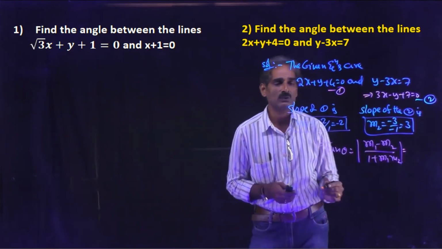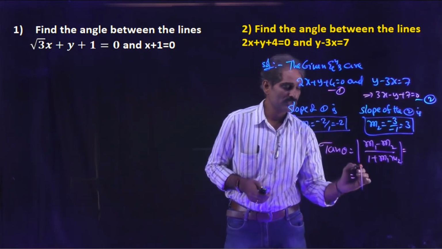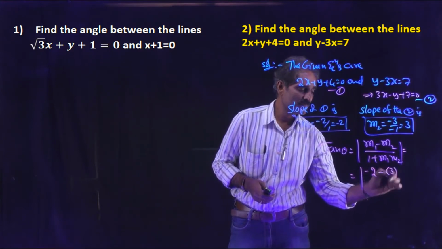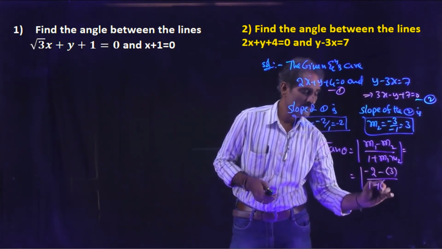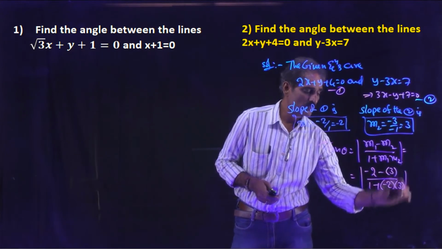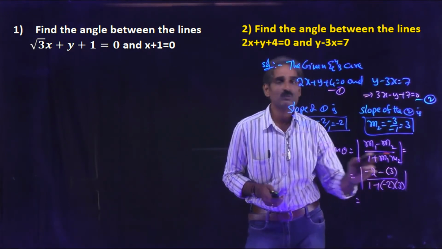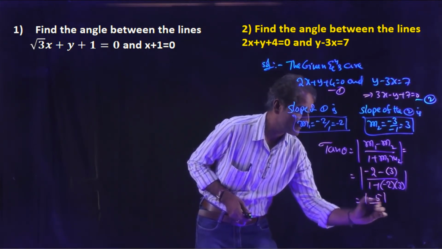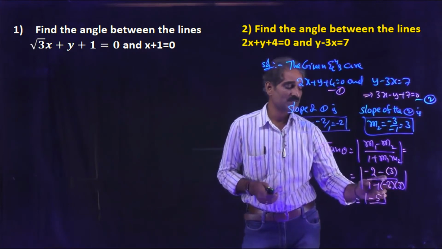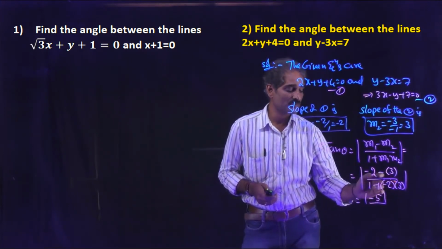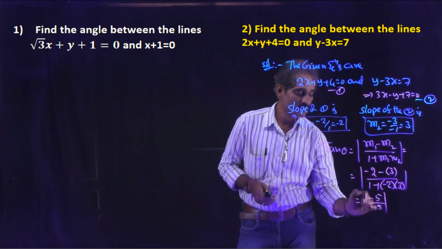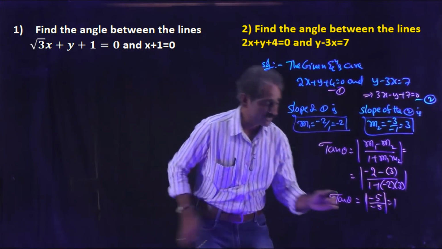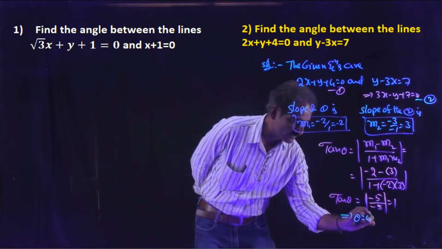Here m1 is minus 2 and m2 is 3, so tan theta is modulus of (minus 2 minus 3) by (1 plus m1 into m2), which is minus 5 by (1 minus 6), that is minus 5 by minus 5. So tan theta is equal to 1. This implies theta is equal to 45 degrees.